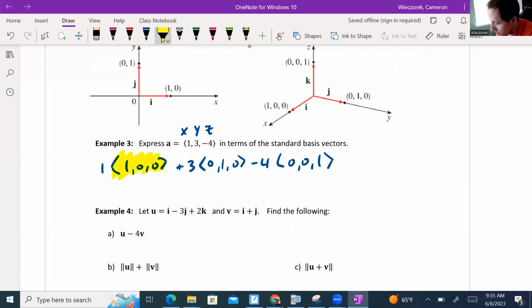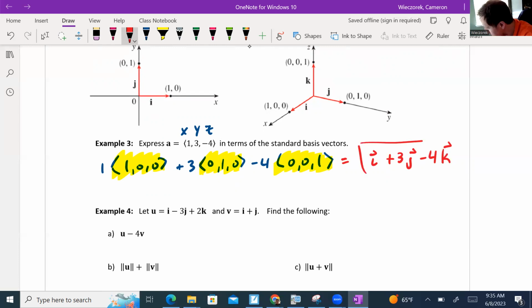But this first vector is just i, the second one is just j, and this third vector, 0, 0, 1, is just k. And so this vector could be represented as i plus 3j minus 4k. Component form, standard basis form, you'll see both in problems that we cover this year. I usually don't care what form we leave it in unless the directions specify. We're talking about the same vector. It's just a different way of writing it.